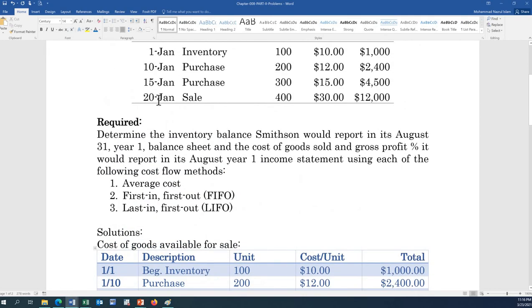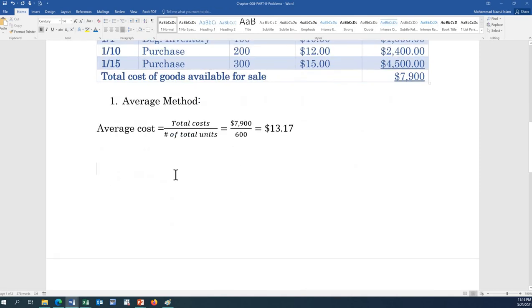Now on January 20, sale was 400 units, $30 each. So what we want to do now: units in ending inventory is equal to 600 minus 400, equal to 200 units.